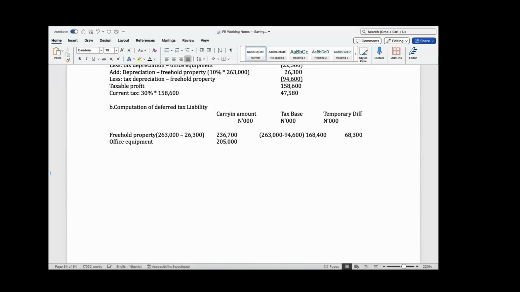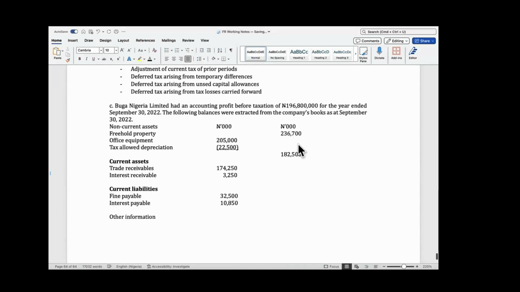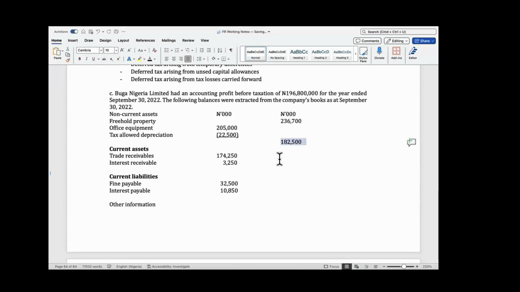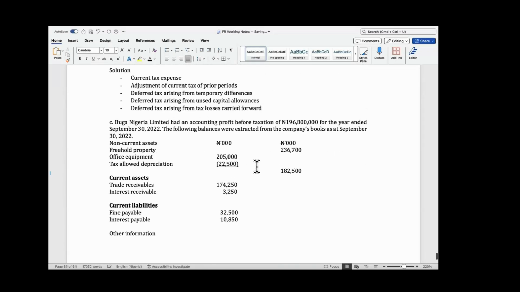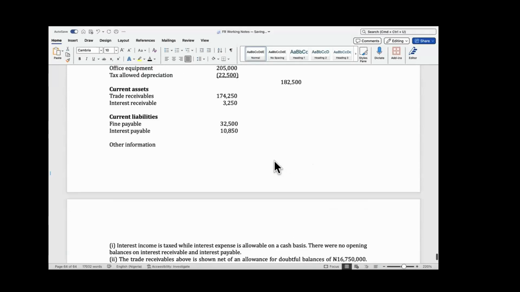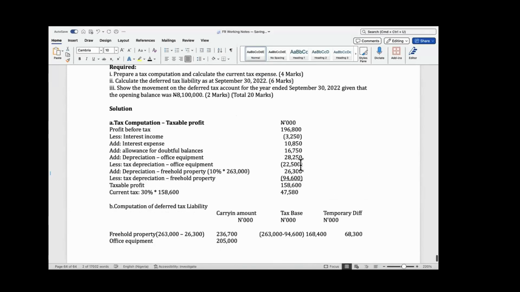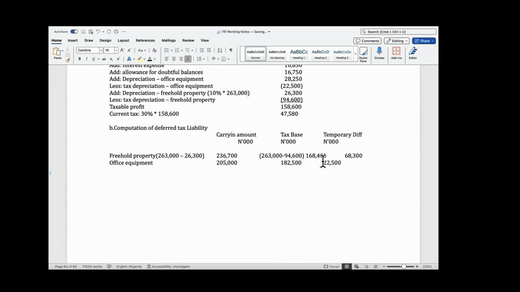And this one should be the tax base after deducting the 22,500, giving me 182,500. What's the difference? That should be 22,500. Is this taxable or deductible? It's also taxable from here.